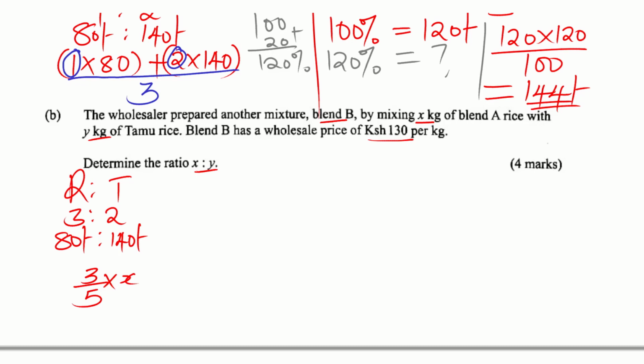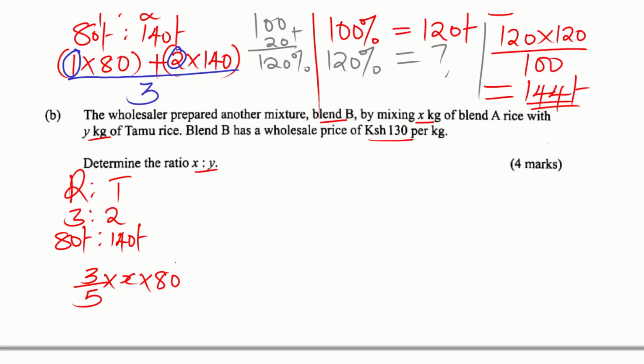So 3/5 times X kg of blend A. This will give the amount that was mixed, then multiply by the cost of refu. Remember, 3/5 times X represents the amount of refu rice in that mixture, that is blend B. So 3/5 times X, then multiply by the cost of 1 kg of refu, which is 80.